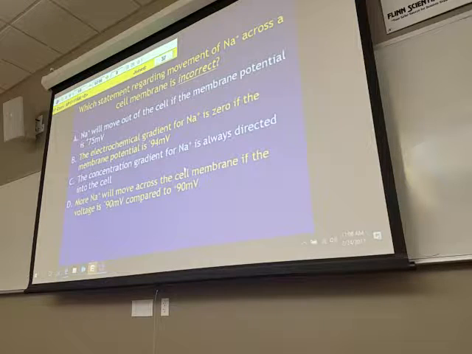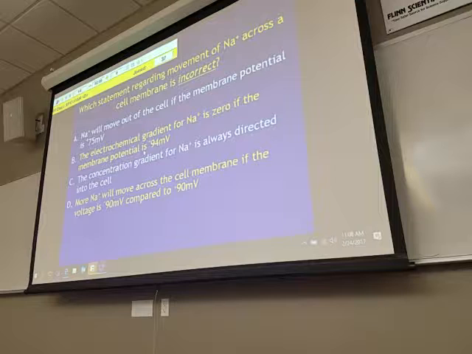How about for potassium? Stronger at minus 90 or plus 90? Where would you have more potassium movement across the membrane? Plus 90, because it's further from minus 94. The electrochemical gradient for sodium is 0 if the membrane potential is plus 65. So you need to know the equilibrium potentials for sodium and potassium.